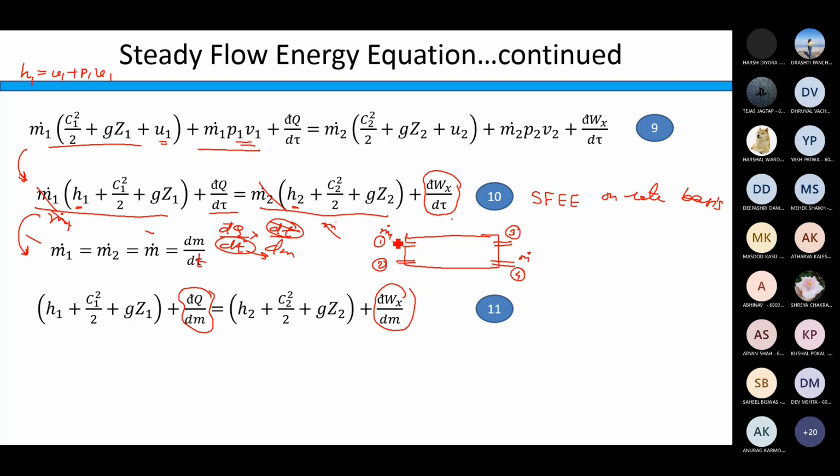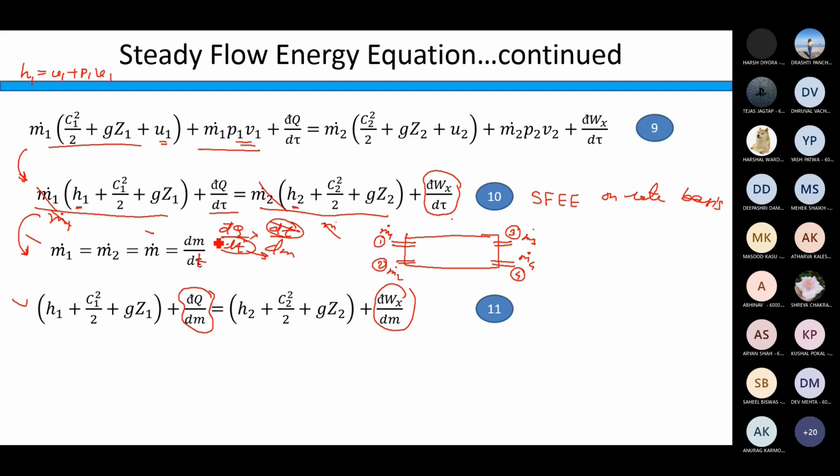So I can have m1 dot, a different mass flow rate entering, m2 dot, a different mass flow rate entering. This can be different, and this can also be different, no? Right? So this should be used only when you have one inlet and one exit, otherwise not.